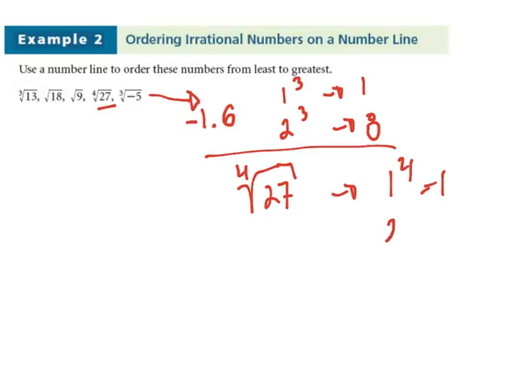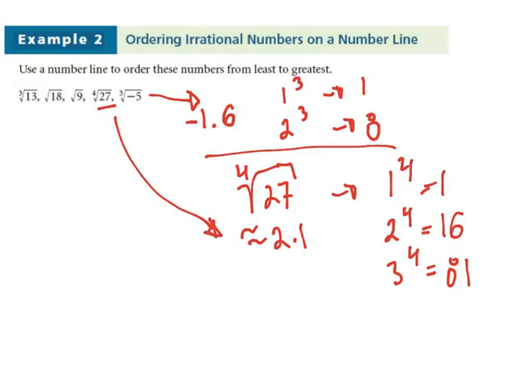That's 16. And 3 to the power 4, that's 81. So since we have 27, it's going to be close to 16, and I presume it's going to be around 2.1. So right away, we know it's about 2.1, approximation.